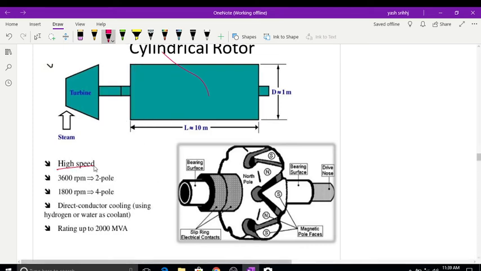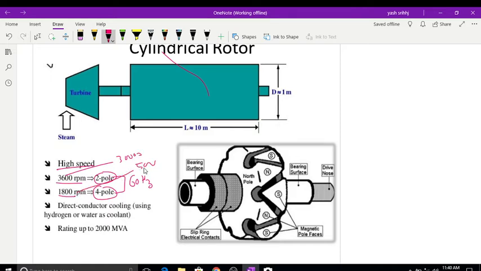This is used for high speed. I already discussed that for 4 poles it is 1800 rpm and for 2 poles 3600 rpm. This is for 60 Hz frequency, not for 50 Hz. For 50 Hz, it is 3000 rpm for 2 poles and 1500 rpm for 4 poles.